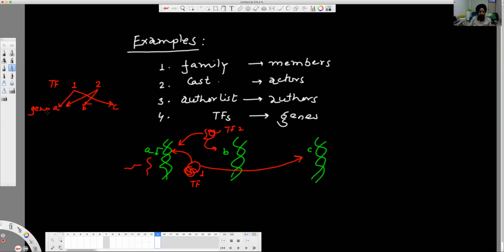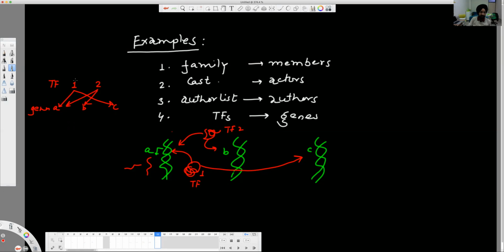If two genes actually have the same transcription factor bound, it might mean that they are part of the same pathway. They respond to similar signals, right? So you gain a lot of biological information. They seem to be part of the same regulatory network.